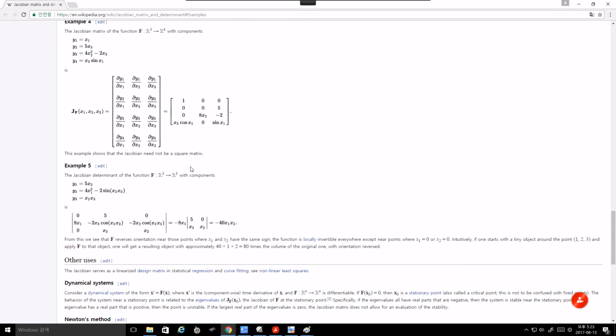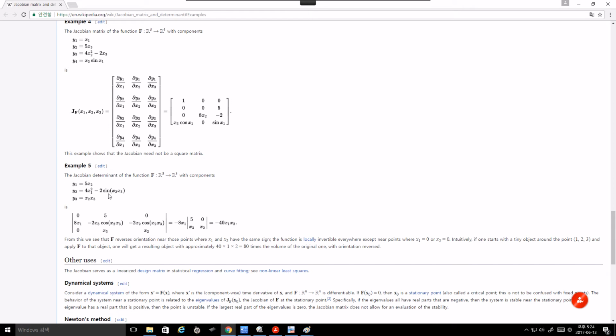Now it is R3 to R3, and it requires calculating the Jacobian determinant. So y1 equals 5x2, y2 is 4x1 squared minus 2 sine x2 x3, and y3 is this one. In the first column, we take the derivative with respect to x1, so it is 0 because there is no x1, and the next is 8x1. Now second column, we take the derivative with respect to x2, so it is 5.